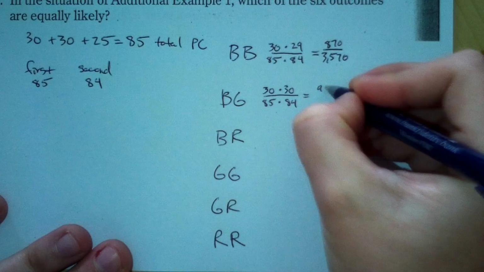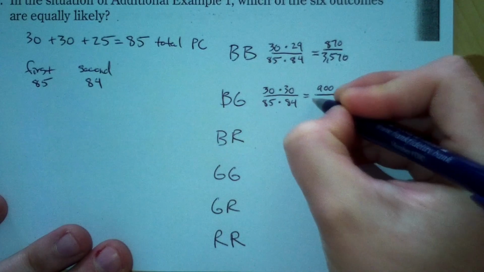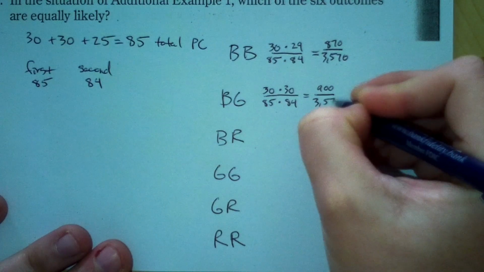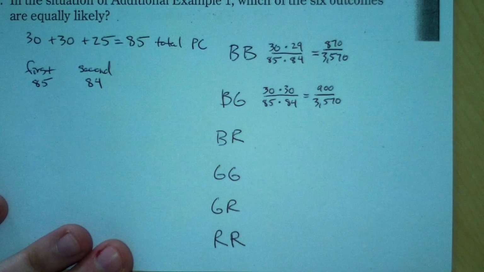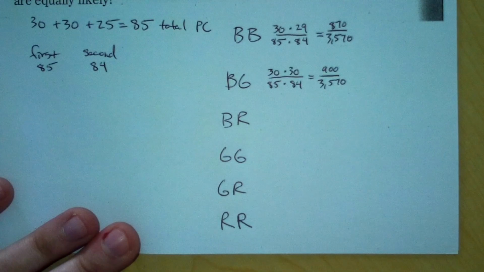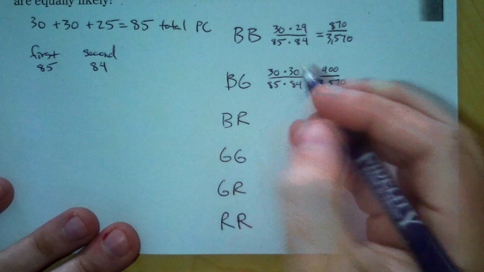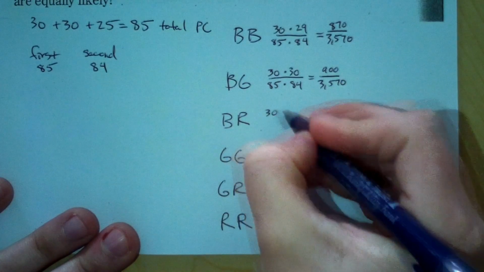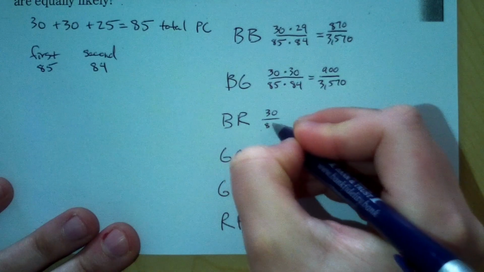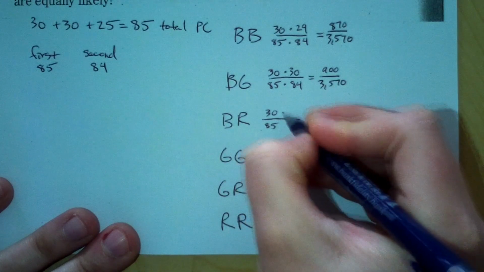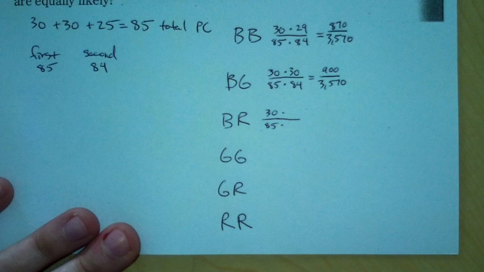And then our last one there would be red. So that'd be 25 out of 85. And then if we pull a red, then we would have one less red for our second pull, so 24 out of 84. And then that one would be 600 out of 3,570.